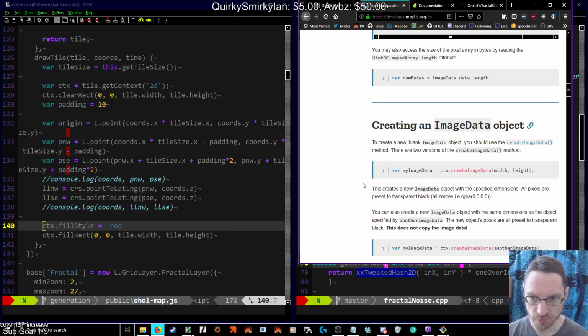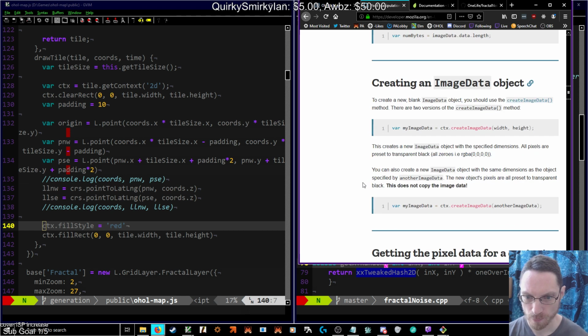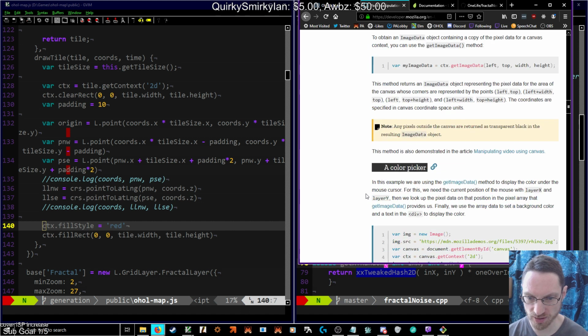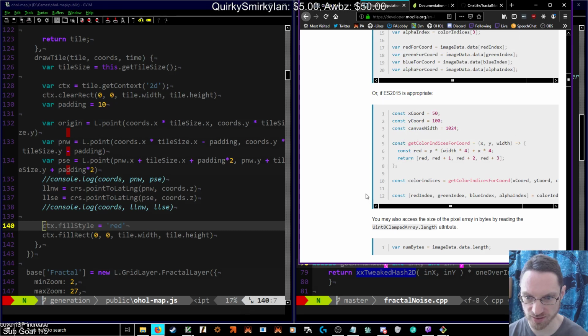To create a new blank image data, same dimensions, but how then do we set that into a context?